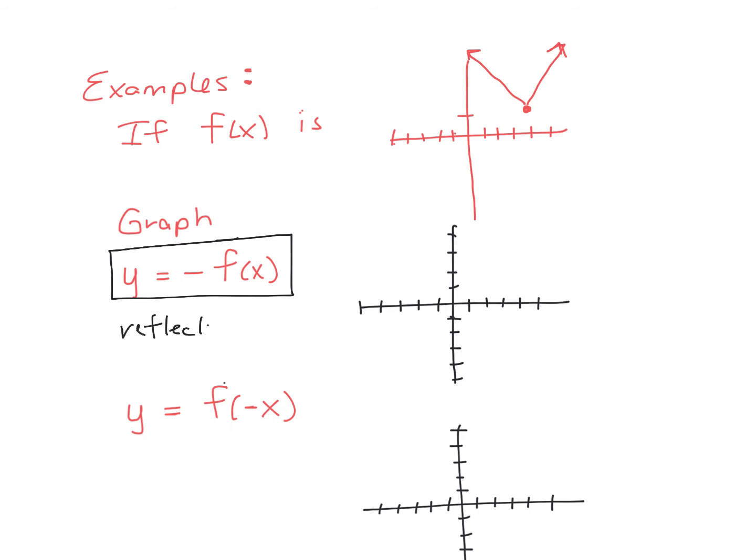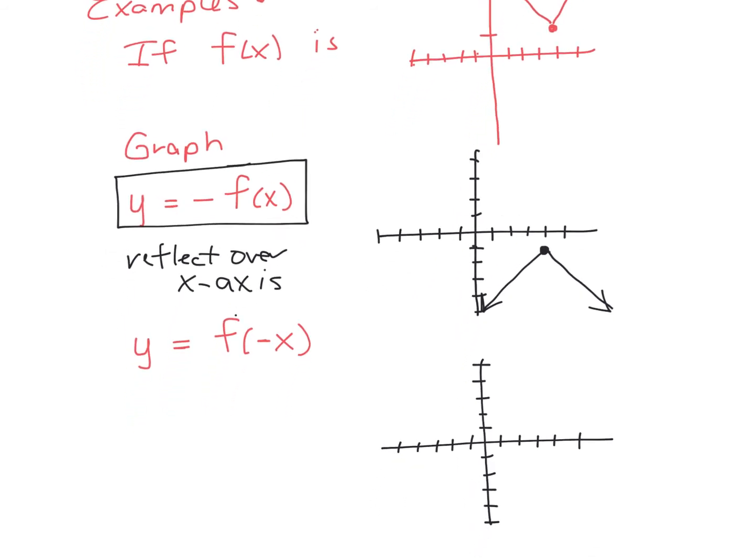This would be a reflection over the x-axis. So my new graph, that point (4, 1), would become (4, -1). And the other points would be reflected similarly, and you'd have that same shape graph just reflected over the x-axis.